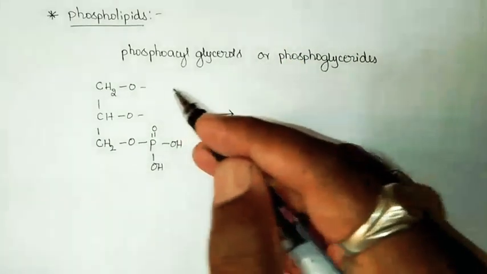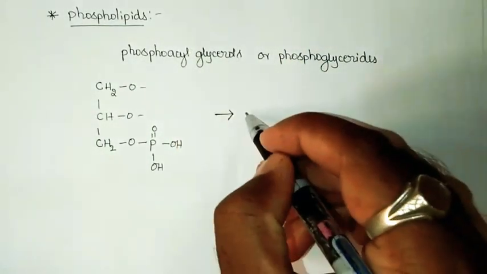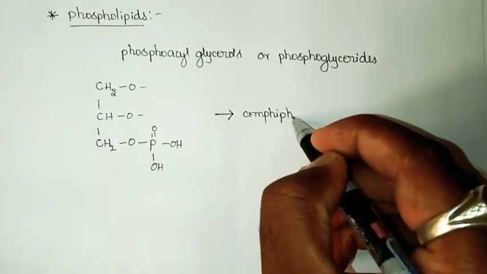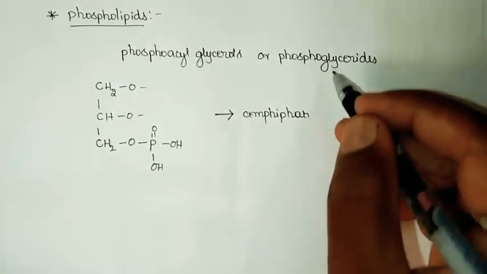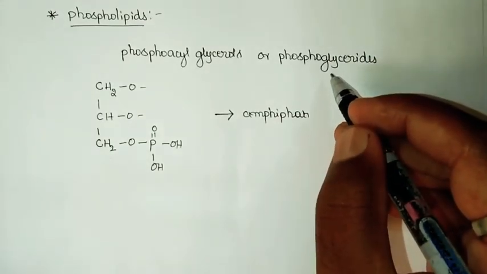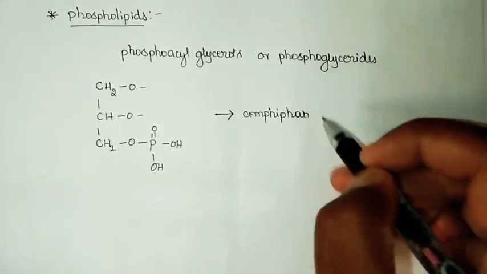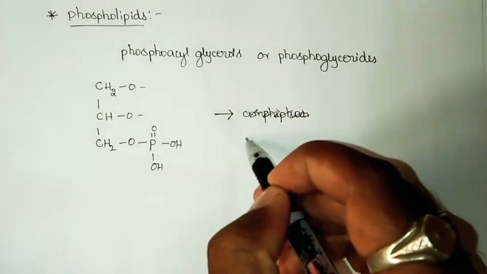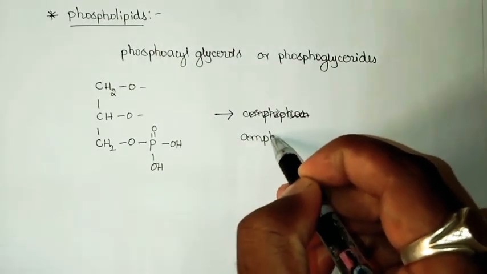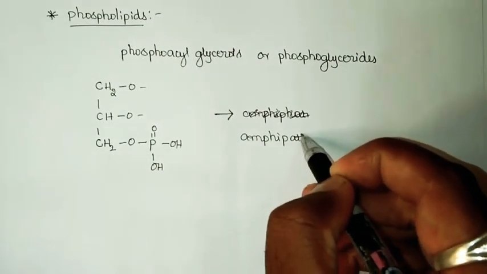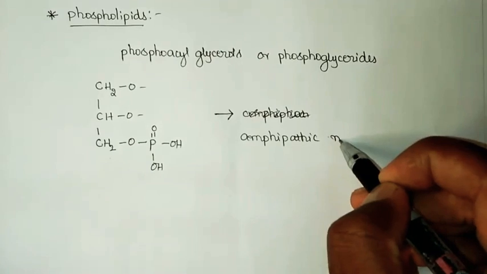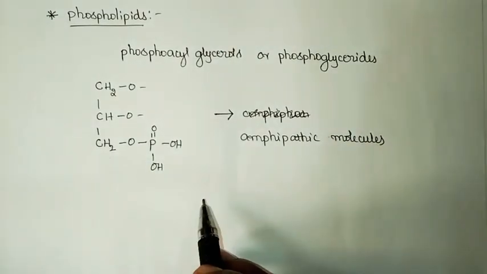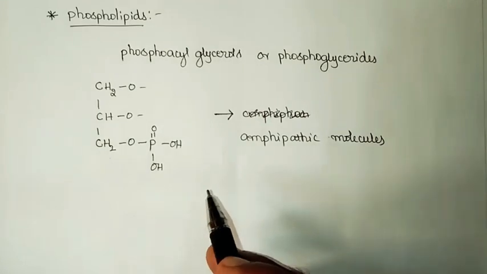Because of this reason, we can say phospholipid molecules are amphipathic molecules. That means consisting of both hydrophilic as well as hydrophobic components.